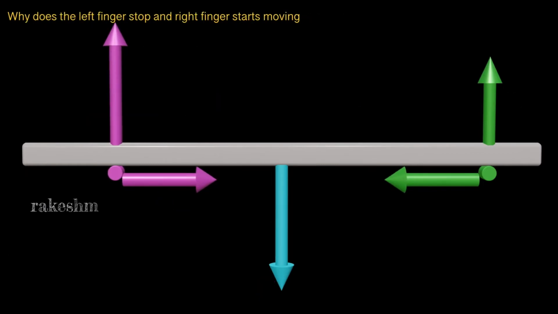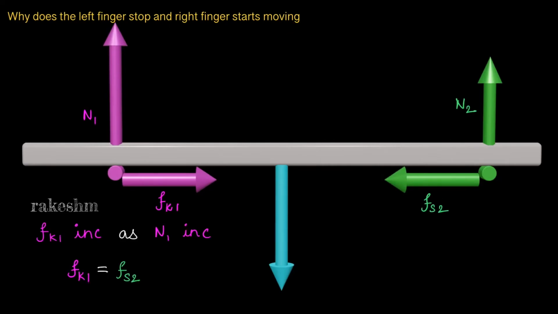Now what he says is, after some distance, this left finger stops and the right finger starts moving. So let us look at why the left finger stops and the right finger starts moving. We have already seen in the previous part that Fk1 is increasing because N1 is increasing, and Fk1 equals Fs2.